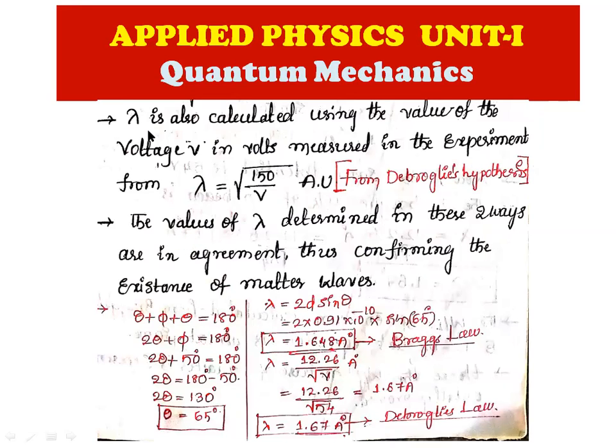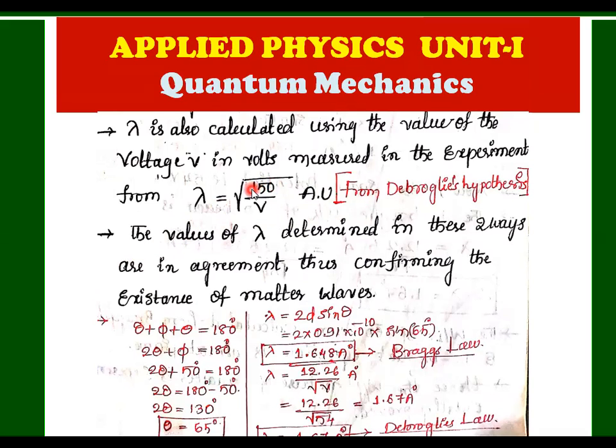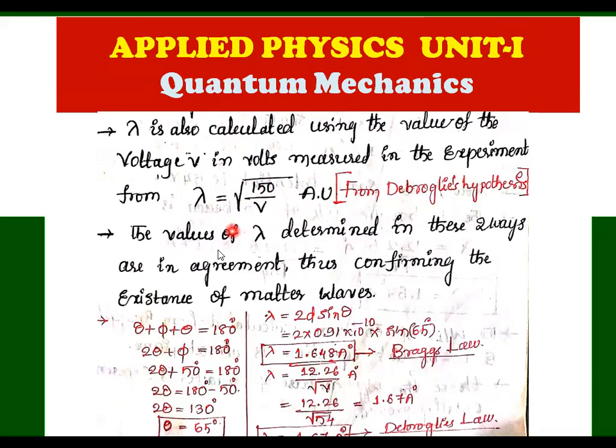The wavelength of the moving electron can also be calculated using the voltage, as lambda equals the square root of 150 by V, which is 12.26 divided by the square root of V according to the de Broglie concept.